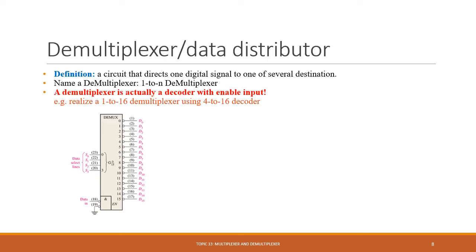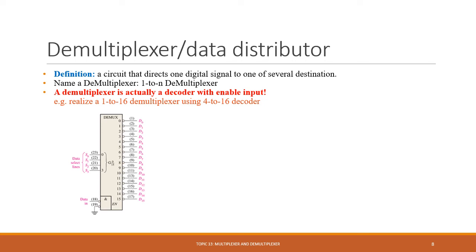After talking about muxes, now let's talk about demuxes. Just like decoder and encoder, demux is the opposite of mux. We know that mux selects among different inputs and sends one to the output.